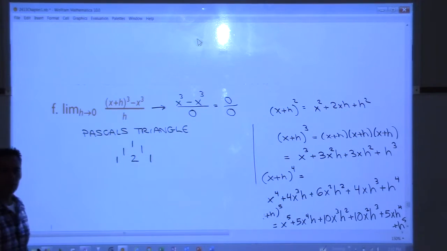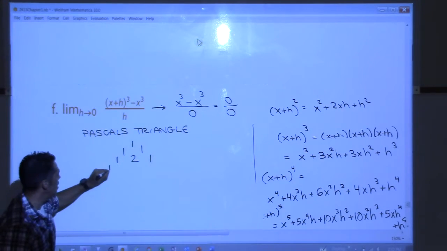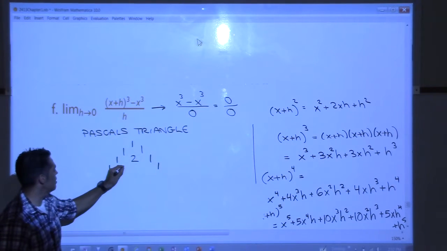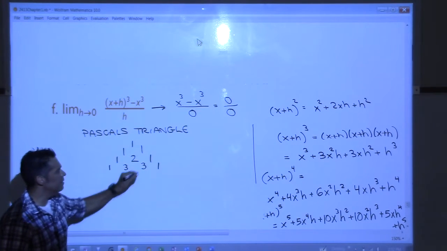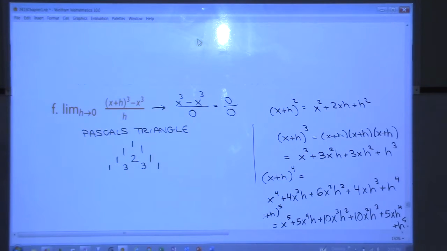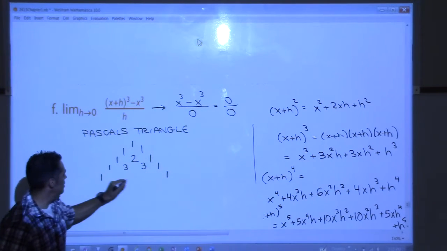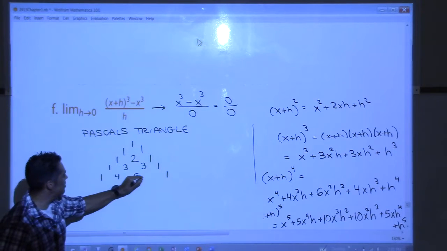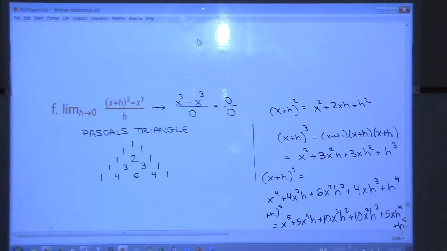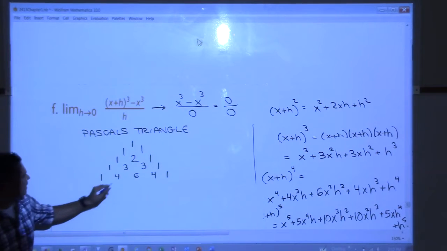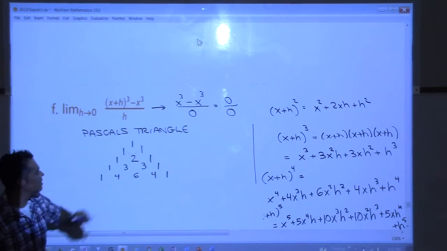2. Now the next row has to have how many numbers? 4, and the ends have to be ones. So 1, 1. Let me show you what the numbers are. 3 and 3. It's the addition of the 2 ones above. Exactly. I'll do one more: 1, 1, 4, 6, 4. Do you see where they're coming from? This 2 comes from adding 1 and 1 together.